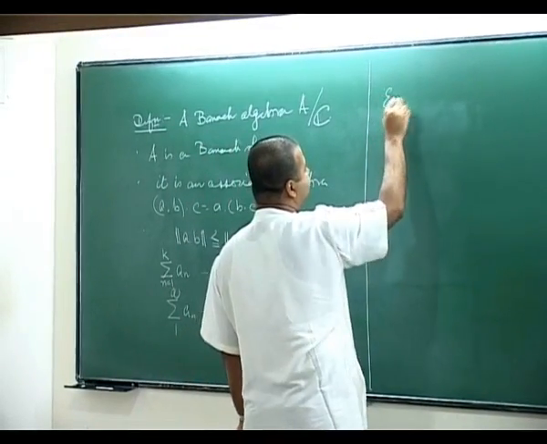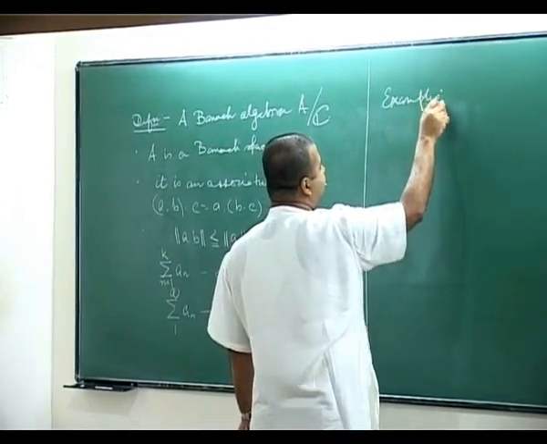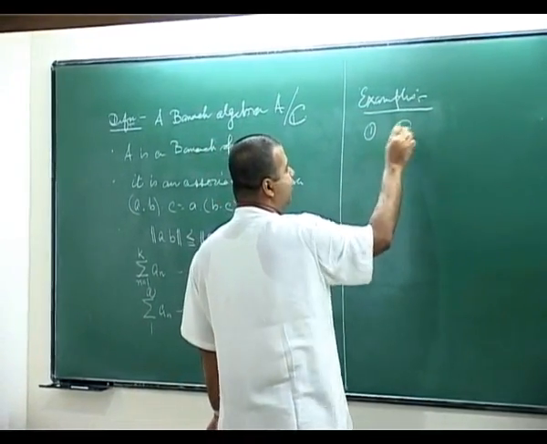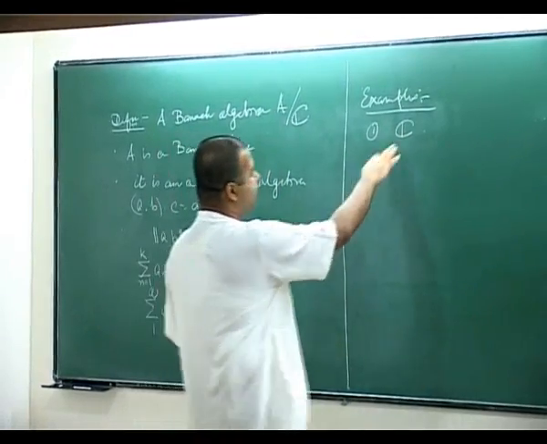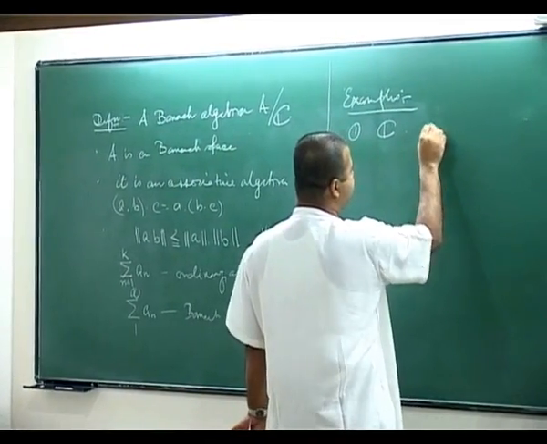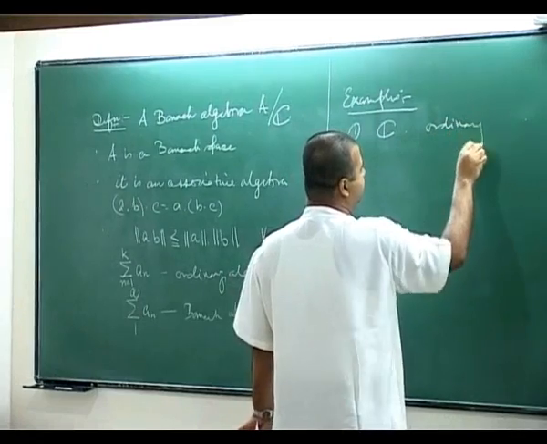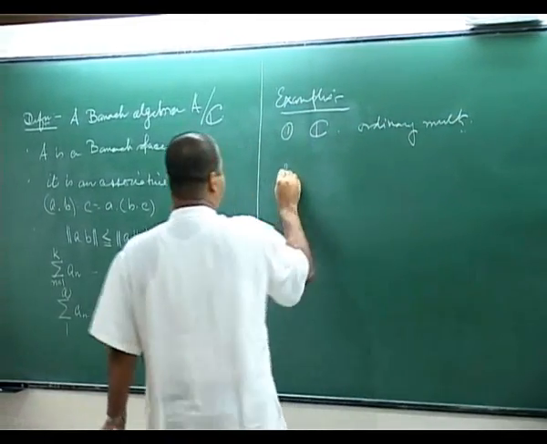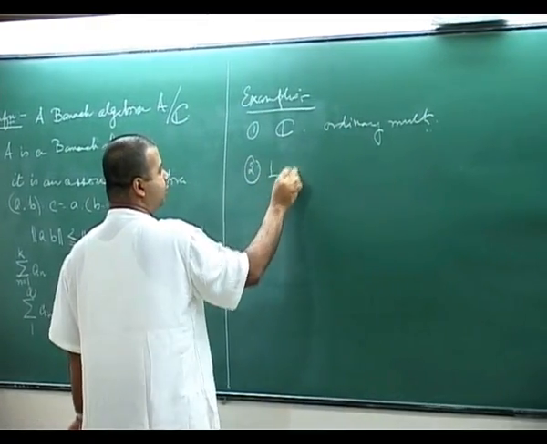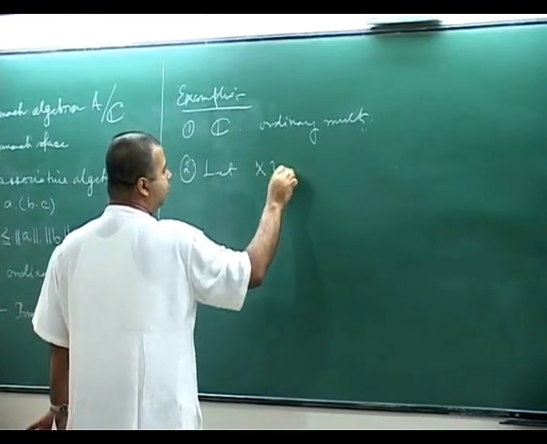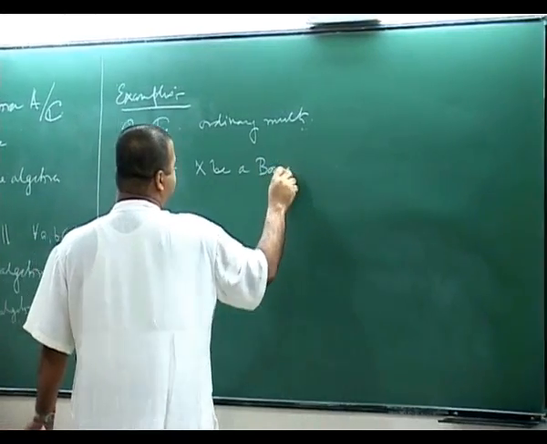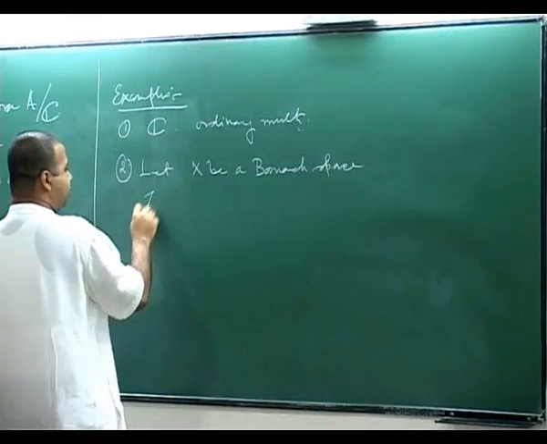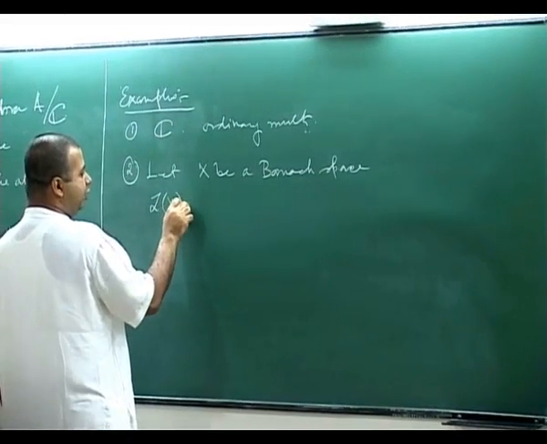So, examples. First is complex numbers. Of course, it is a Banach space. The algebra structure is ordinary multiplication. Second is, you start with the Banach space X, and then L(X) is the space of linear operators.